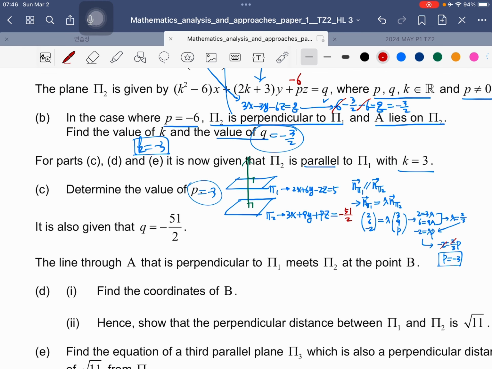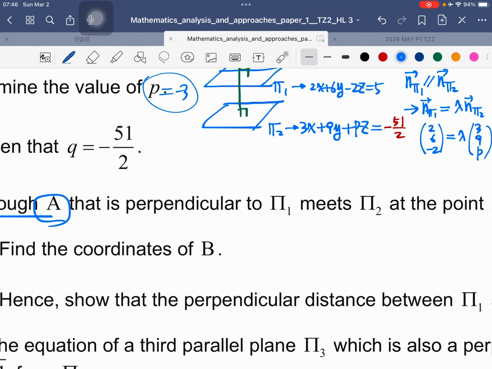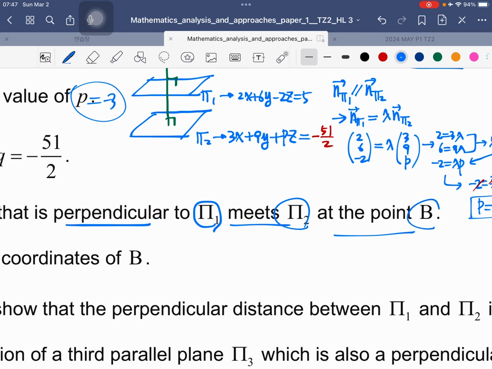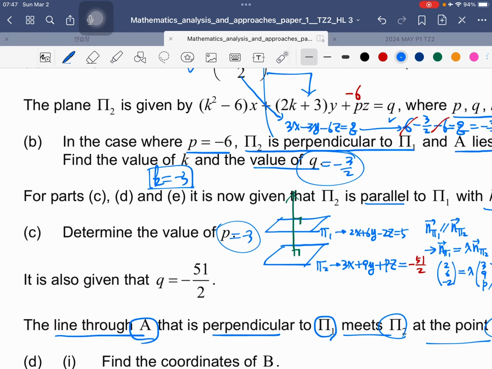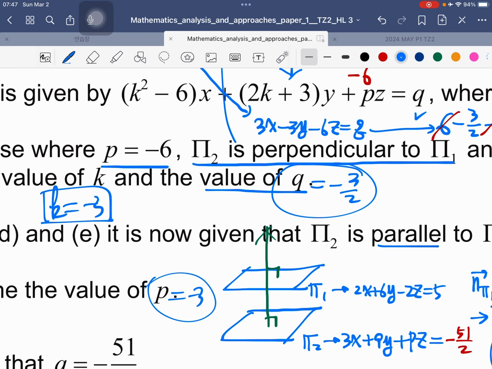The line through point A, where is A? A is over here. The line through A is perpendicular to pi 1 and meets pi 2 at the point B. So A is positioned outside of these two planes.